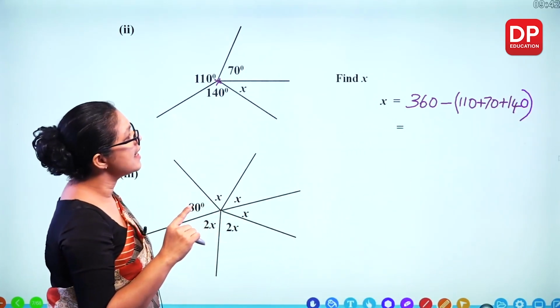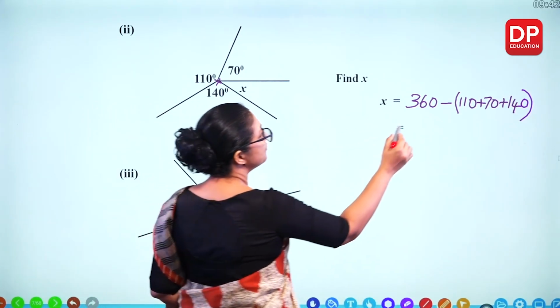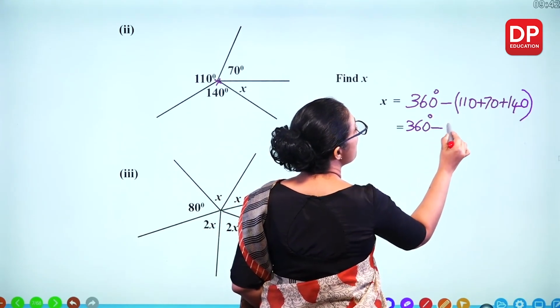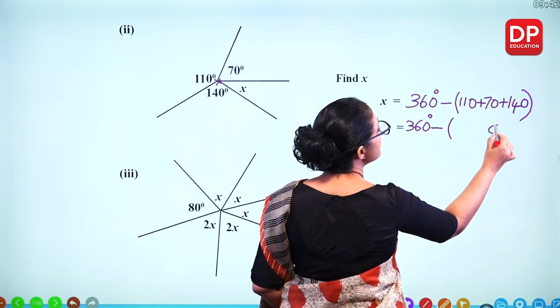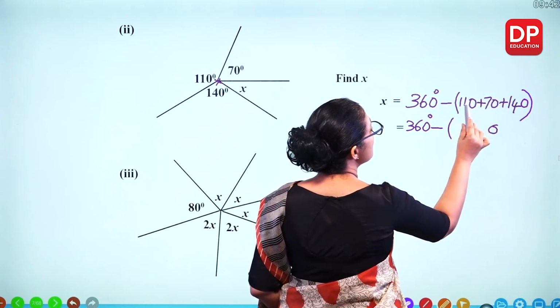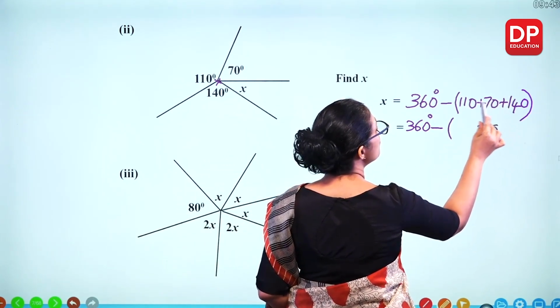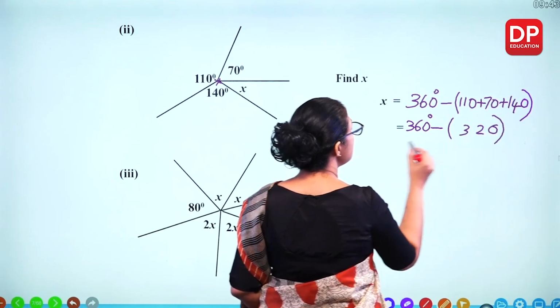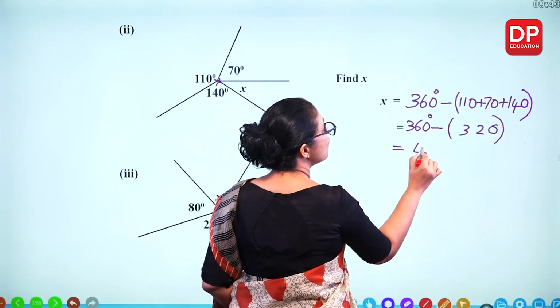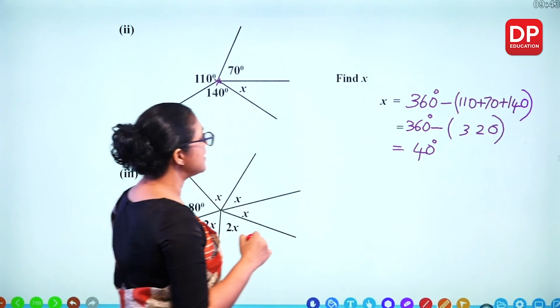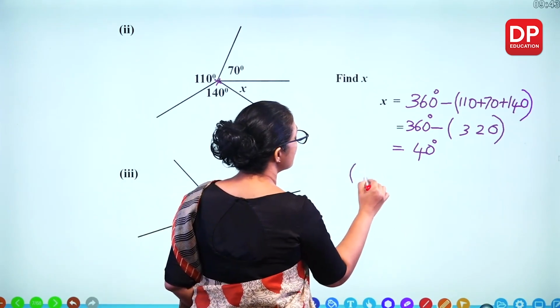So what's the value? 360 degrees minus, 7 plus 1, 8, 8 plus 4, 12, 1 remaining, 2, 320. So you get 40 degrees for x. So what's the reason? Angle around a point.